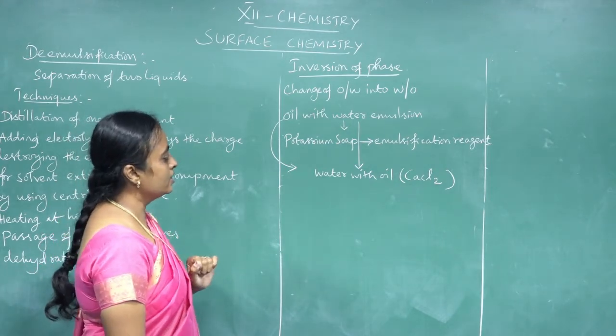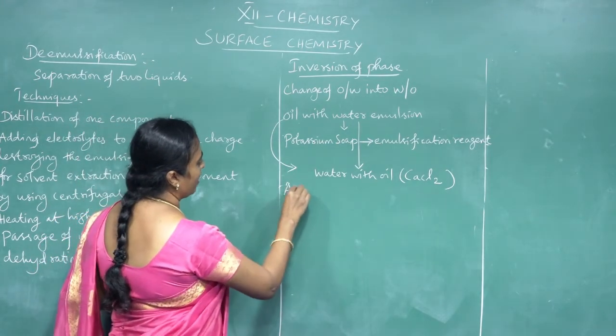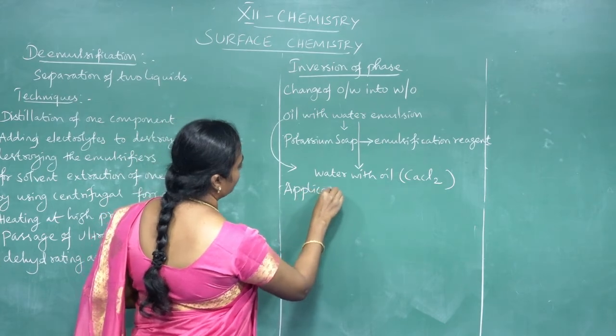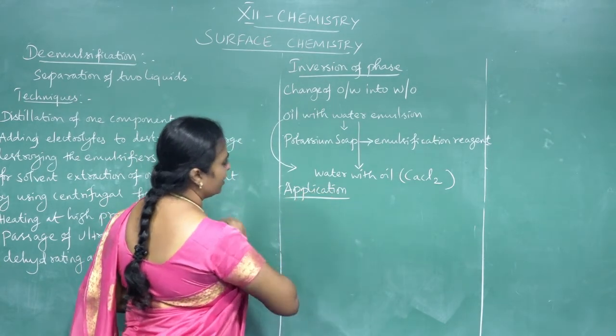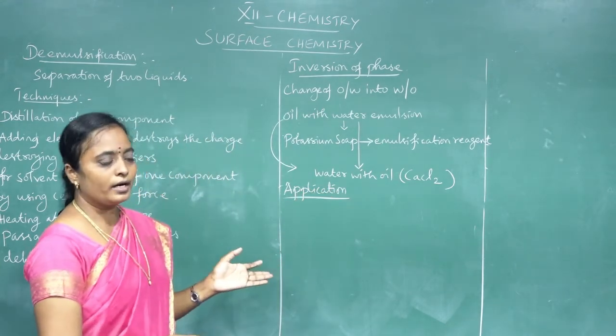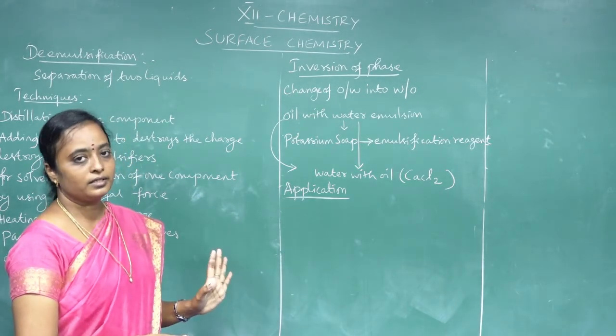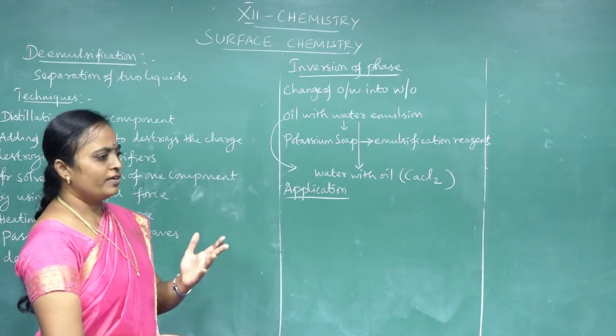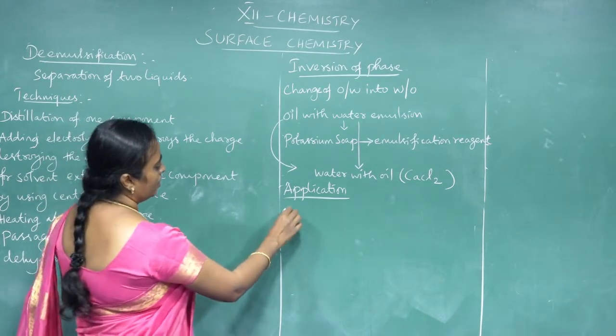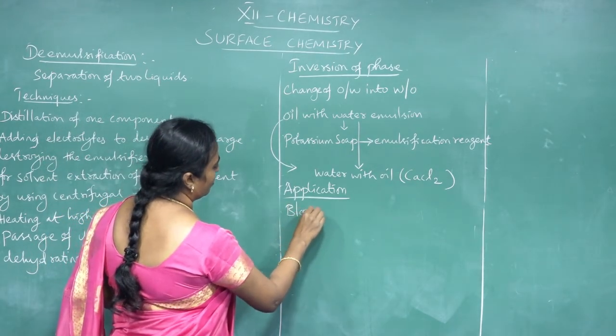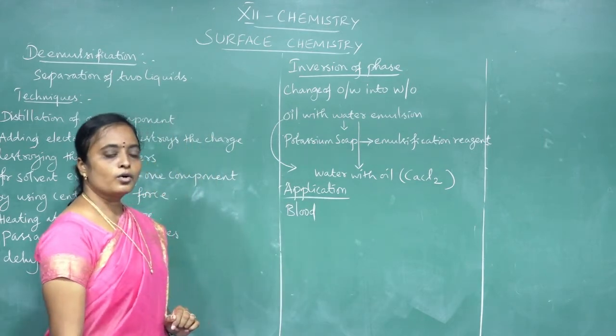Next we are going to move on to the applications. Usually the emulsion is in a colloidal form, and colloids find numerous applications in life. For example, you can take blood. We know that blood is in the colloidal form.